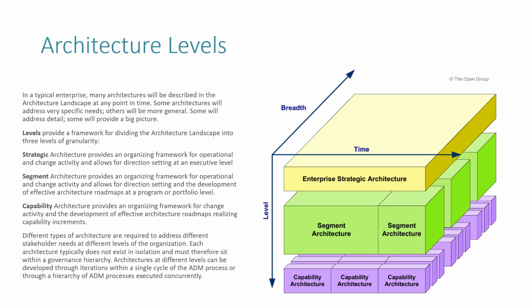For example, you are defining the architecture for a banking company, and we can say that the entire bank is the strategic level. Then we need to define those segments within the entire strategic level, and then within those segments there are capabilities.